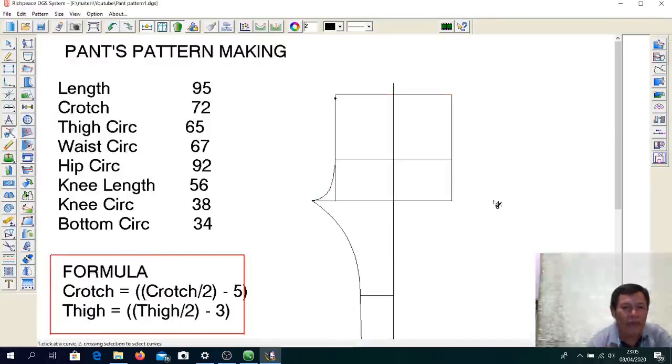we have 67. 67 divided by 2 is 33.5, divided by 2 is 16.75. If the front waist has a dart of 3 cm, it means we must add 3 cm, so it becomes 19.75.